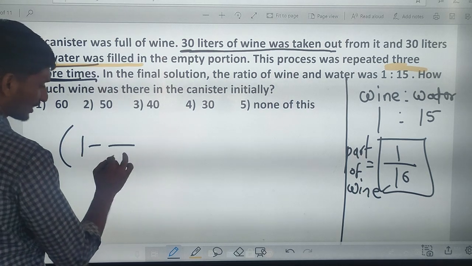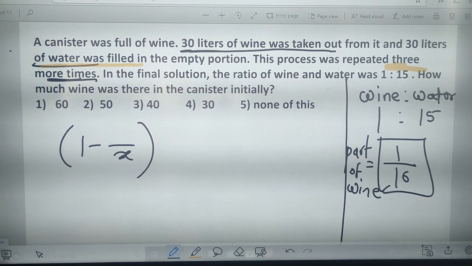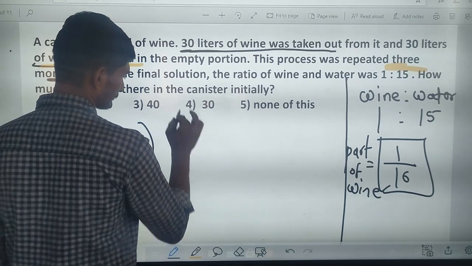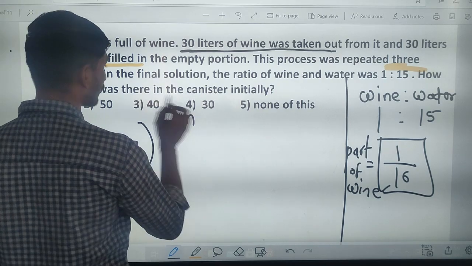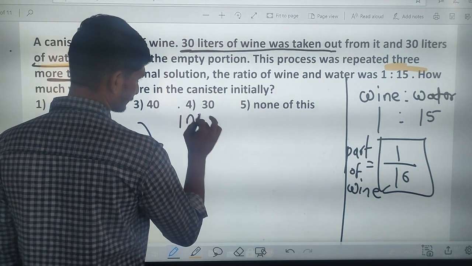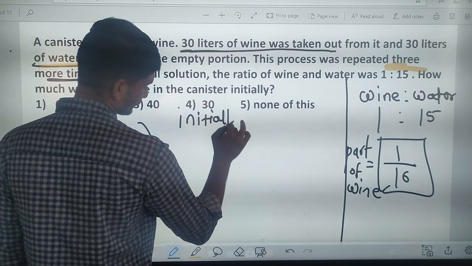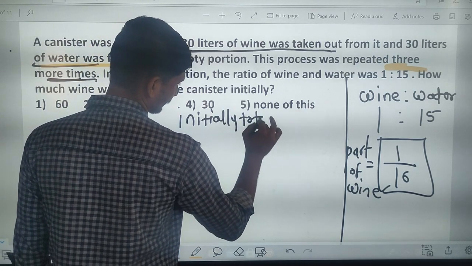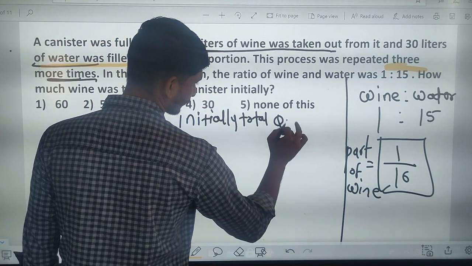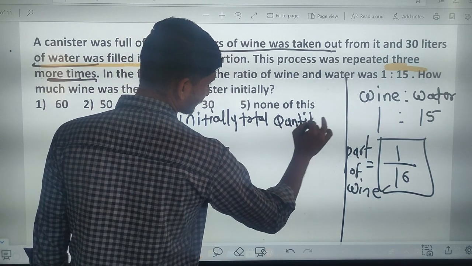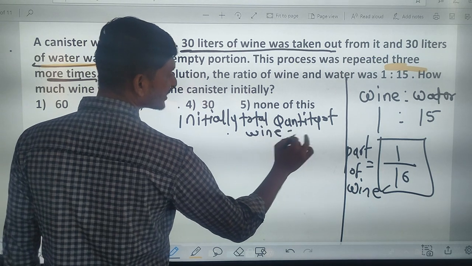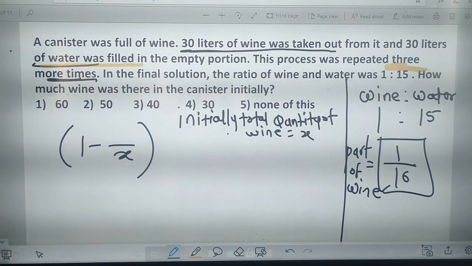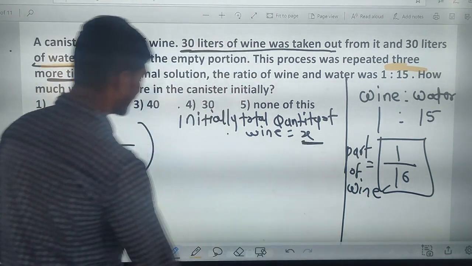We have to find the total quantity of wine initially. Initially the total quantity of wine is x liter.